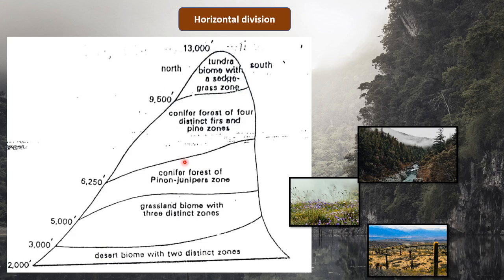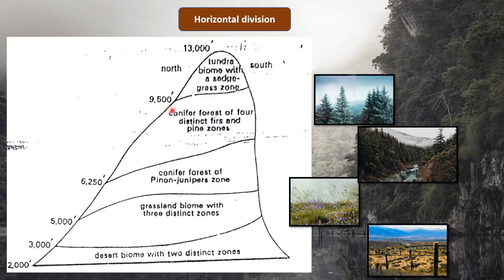And then as we move more upwards towards the edge of the mountain, we can again see that at 9500 feet there would be conifer forest of 4 distinct firs and pine zones. So there would be different zones even in this zone, right? Now firs and pines are again coniferous type of plants.